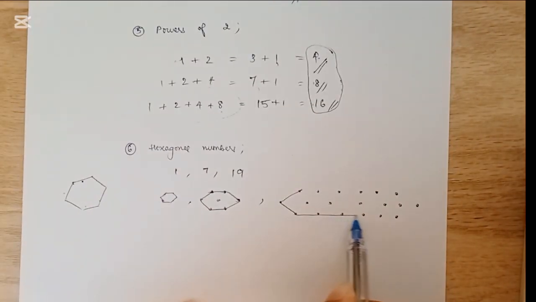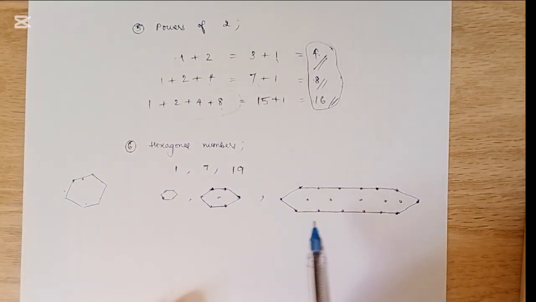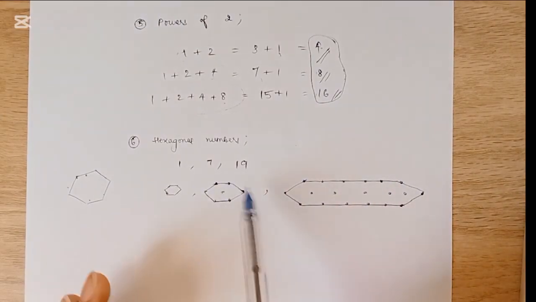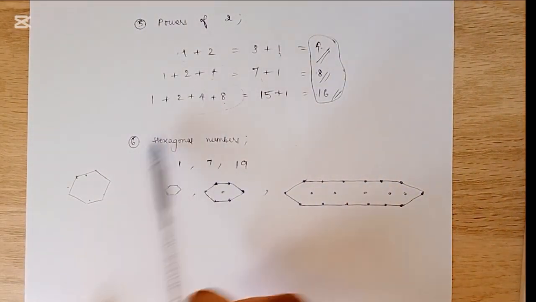Now you join all of this, what do you get? When you join all these dots again, you'll get a hexagon. So that is what hexagonal number means. That is the number of dots that make a hexagon.